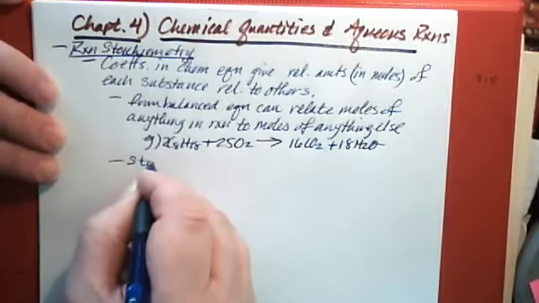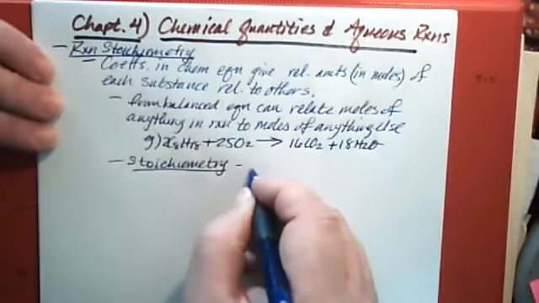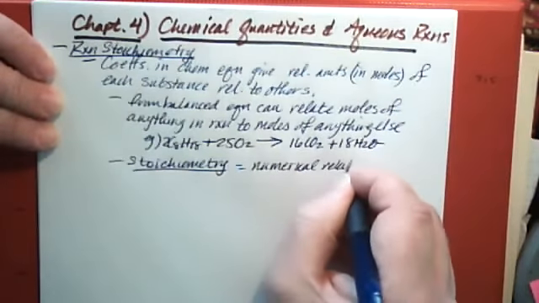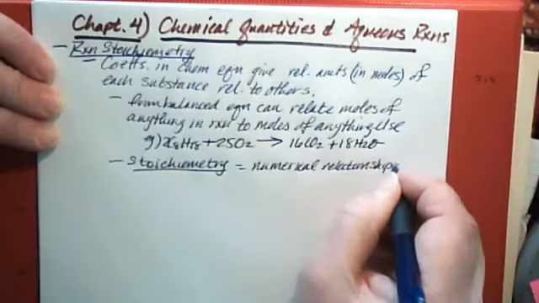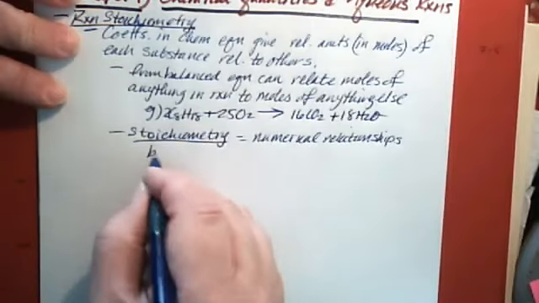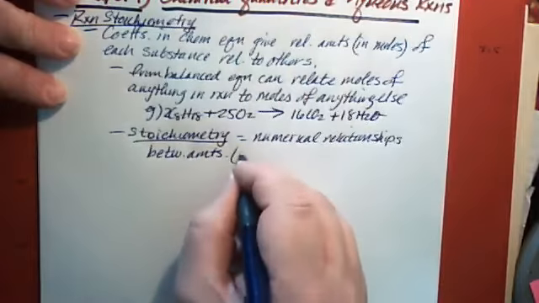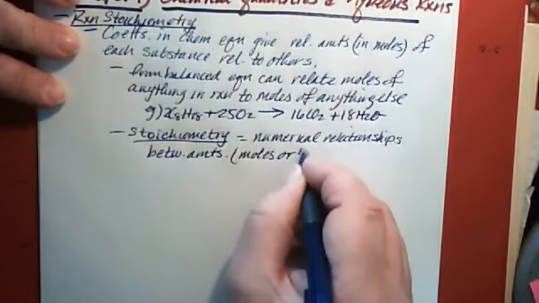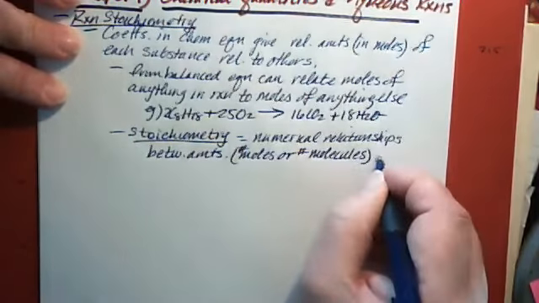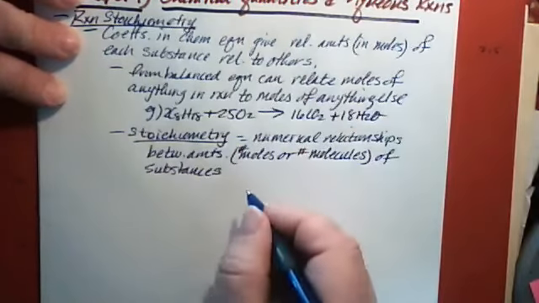And so stoichiometry is more formally defined as the numerical relationships between the amounts in moles or molecules of the substances involved in a chemical reaction.